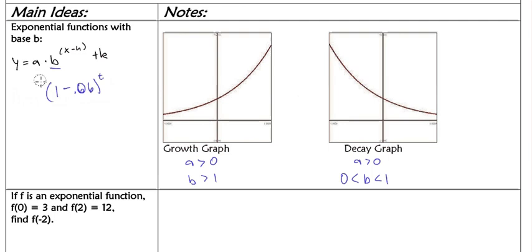The h, so let's talk about h now. A is really going to always be positive for us. I suppose you could have a negative technically, but again, it would flip it downward. Our B value, if it's greater than 1, we're talking about growth. But if it's less than 1, still greater than 0, then we're talking about decay.